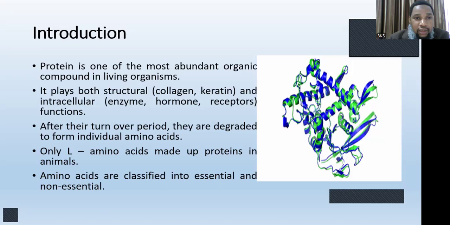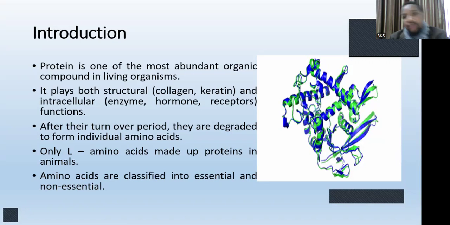With the exception of lipid, which we said is not a polymer, but you can have up to 2 or 3 fatty acids linked by a particular molecule, proteins are polymers. So protein is one of the most abundant organic compounds.